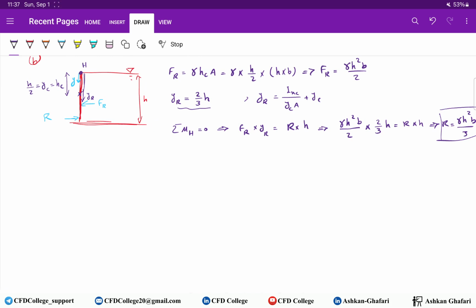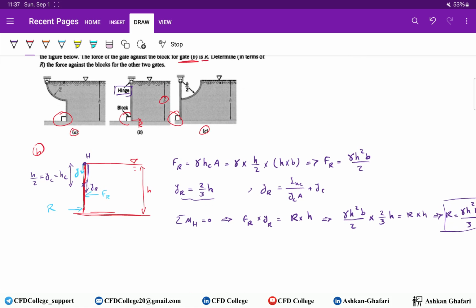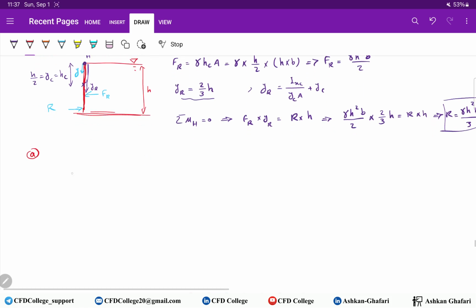Now we have to solve the other cases and compare those forces to R. So let's start with case A, this case. Here the gate is like this. We have a quarter circle, and this vertical part here is the ground, and this is the water surface.